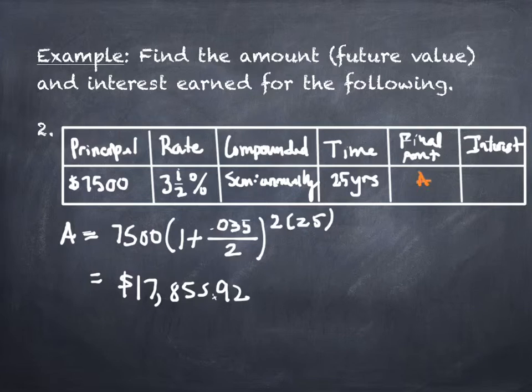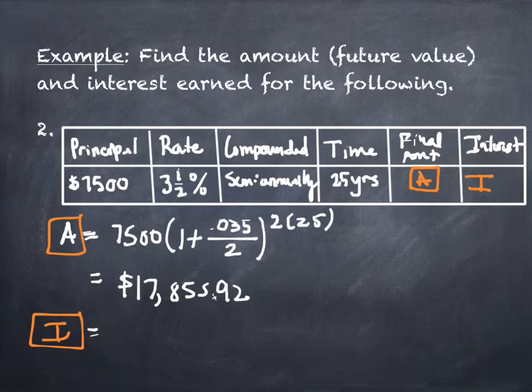This value is my A, the amount I just found. Now the interest, which I'll designate as I, is found in the backwards way from the last problem. In the last problem we found the interest, then we found the amount. Here we found the amount and now we find the interest, but they're related in much the same way.